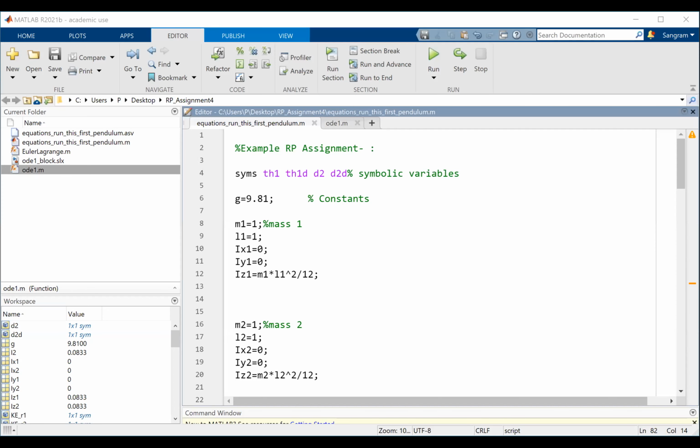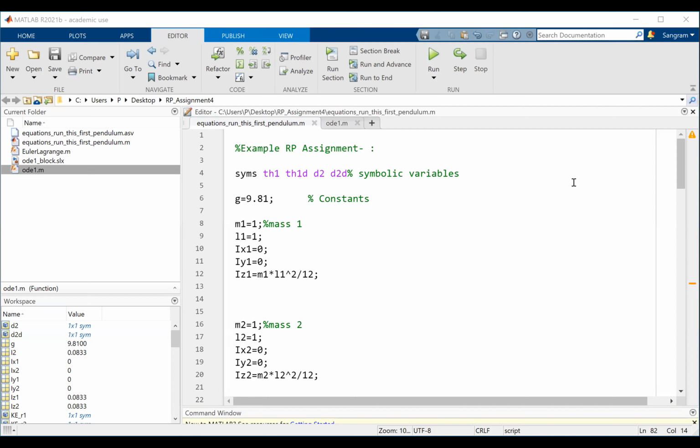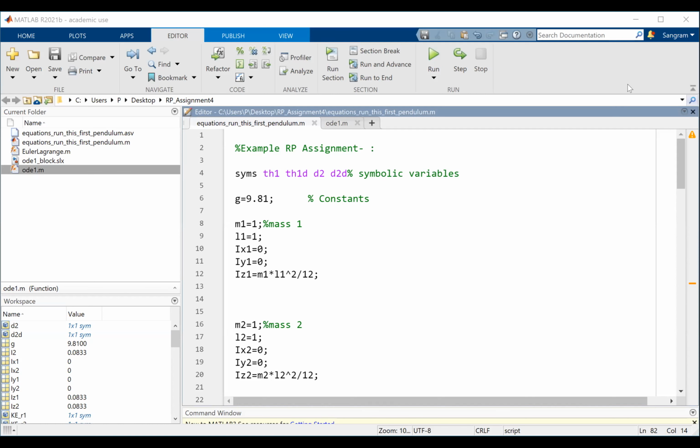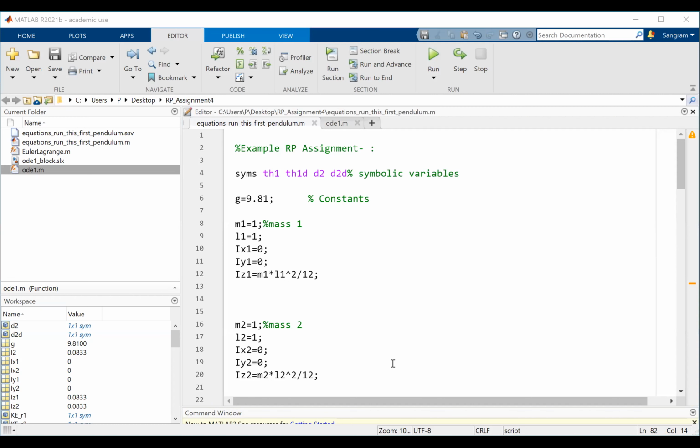Okay. Now, are you able to see my MATLAB screen? Okay. Now, this is going to be a little interesting. Can you see my whiteboard and MATLAB screen? Online students?